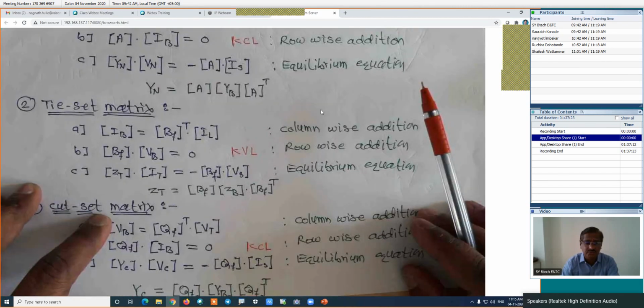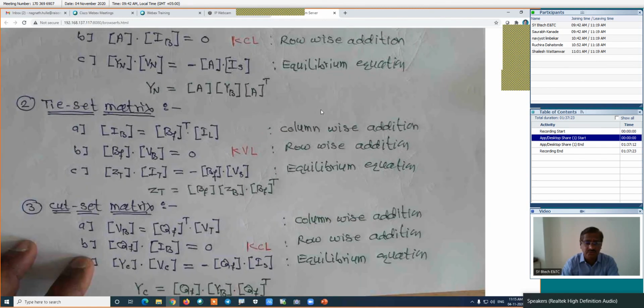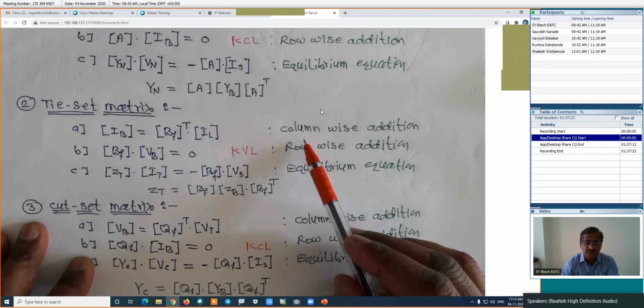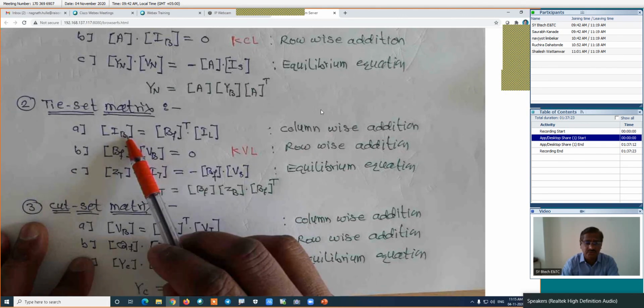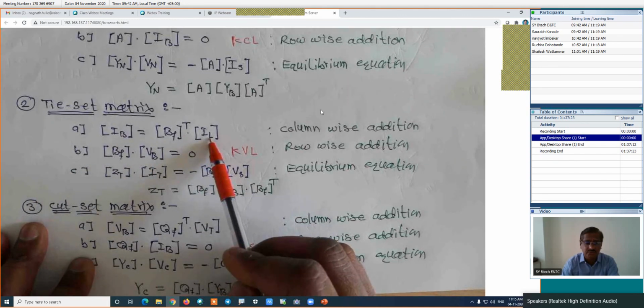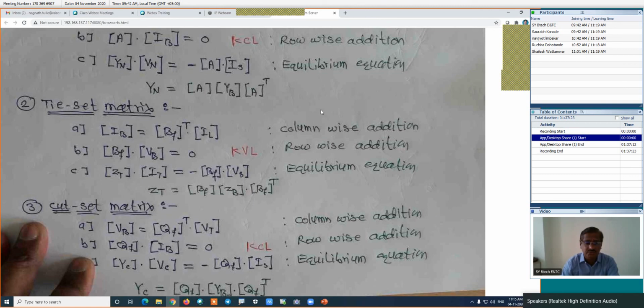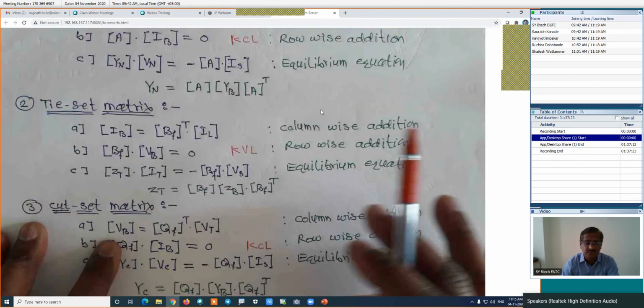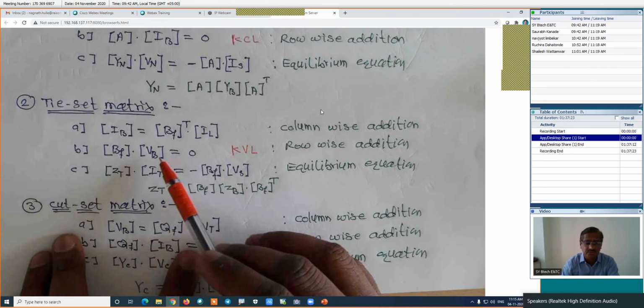If I come to the next part, which is the tie set matrix, which we have discussed. In this case, column-wise addition is IB equal to BF transpose into IL, where IL is the loop current, or we can call it IT, the tie set current. Next, BF into VB is equal to 0.